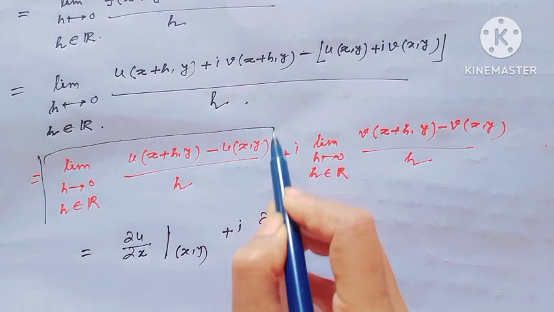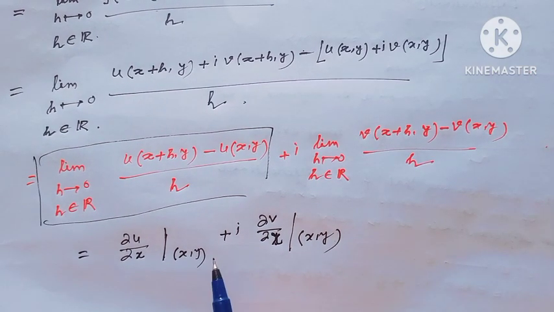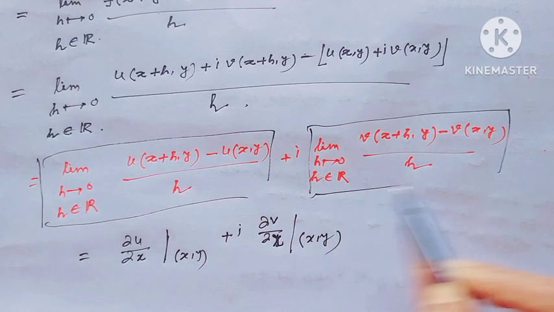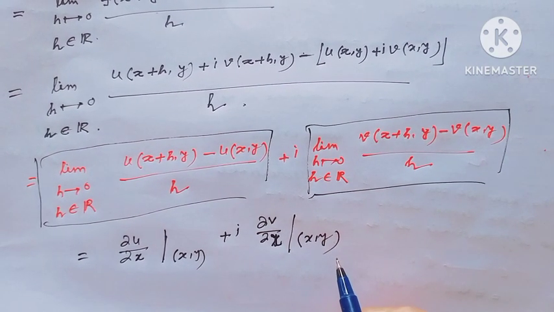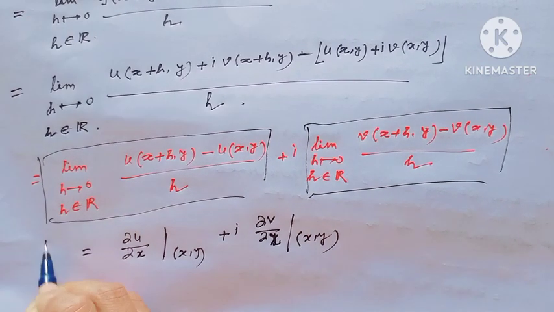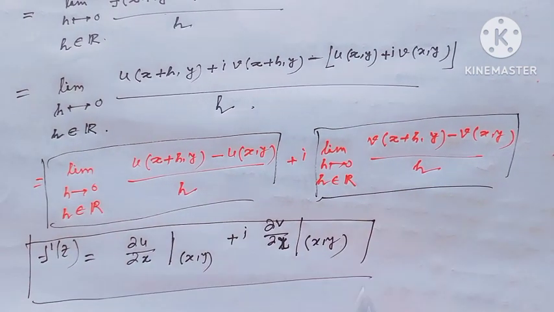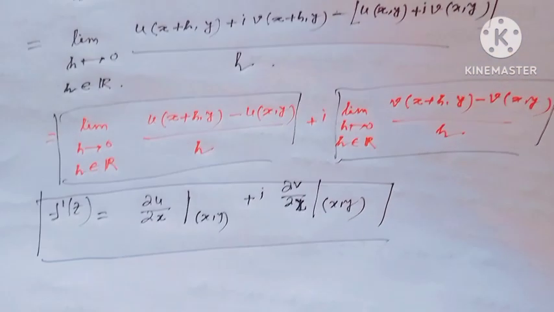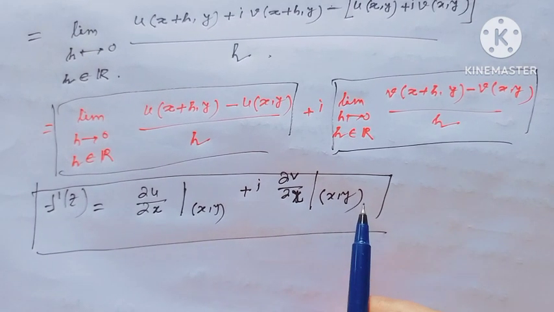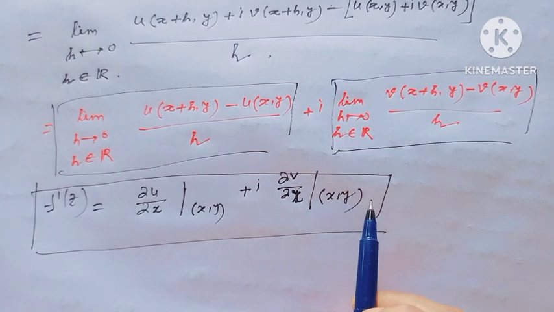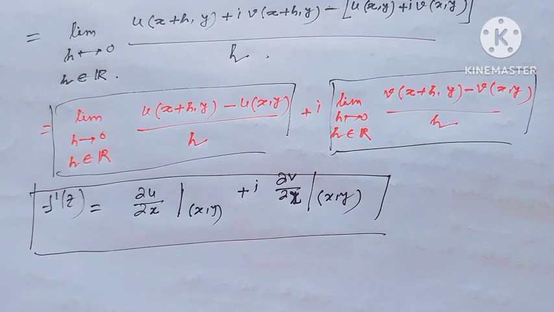And this part means del u del x at the point (x, y), and this part means del v del x at the point (x, y). Therefore f prime z equals del u del x at the point (x, y) plus i del v del x at the point (x, y) when h goes through the real axis.